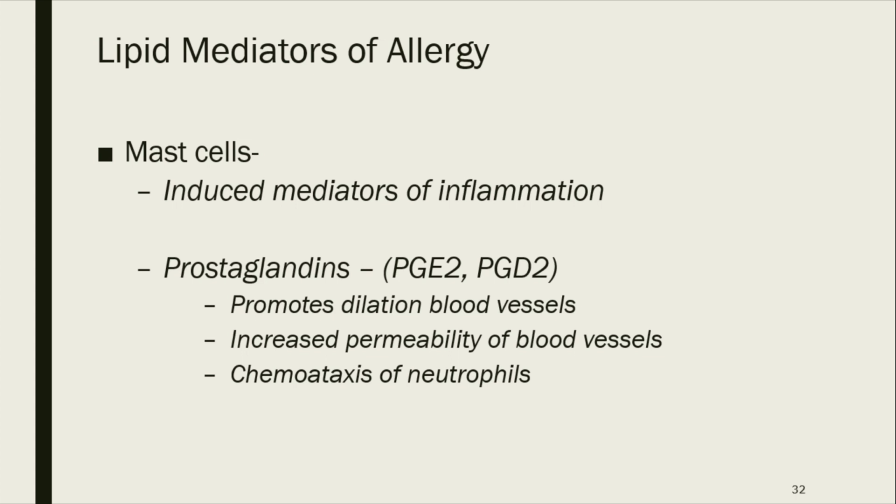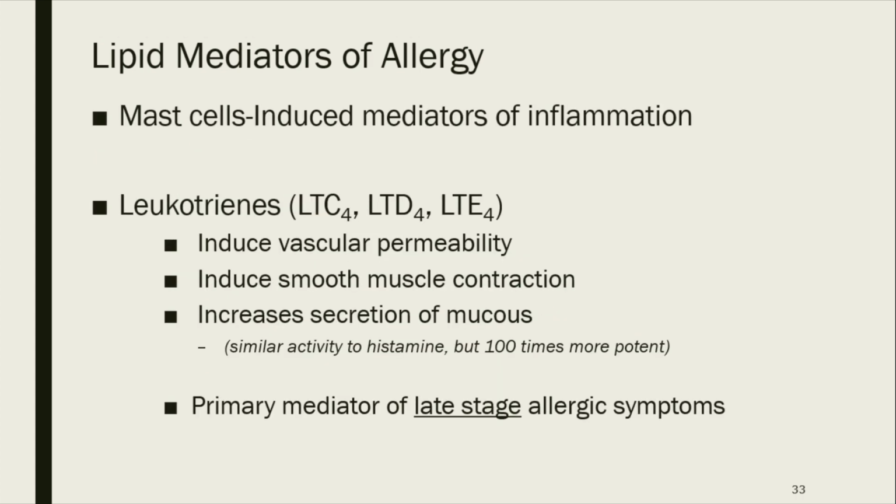It will also induce other inflammatory mediators, such as prostaglandins, PGE2 and PGD2. These promote dilation of blood vessels, increased permeability, and chemotaxis of neutrophils. These properties of prostaglandins we've seen before.